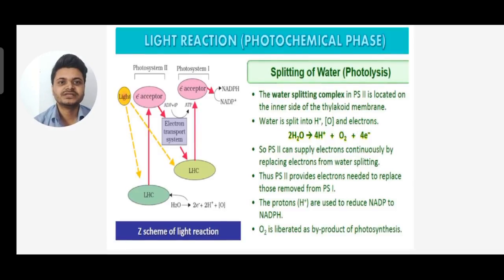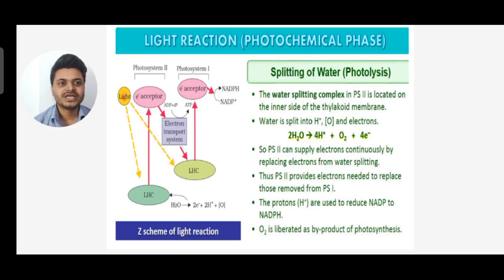Splitting of water is called photolysis. The water splitting complex in PS2 is located on the inner side of the thylakoid membrane. Water is split into hydrogen ions, oxygen and electrons. You can see water is split into 4 hydrogen ions, oxygen and 4 electrons.